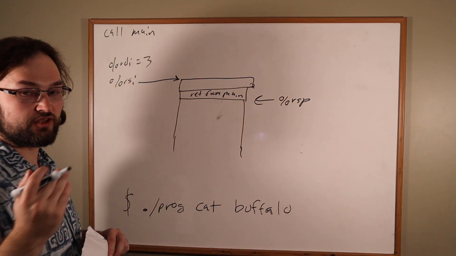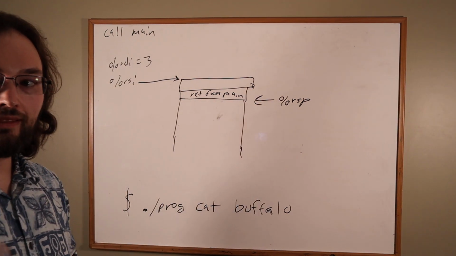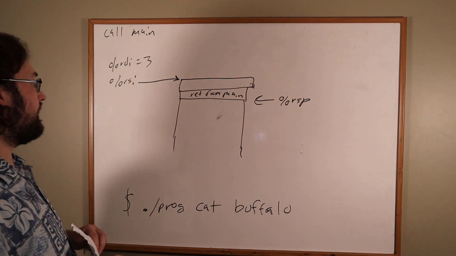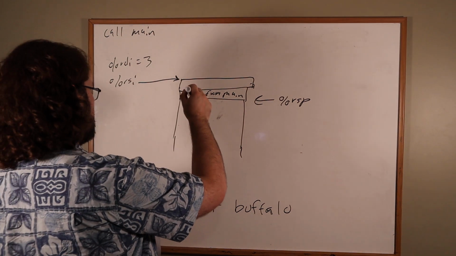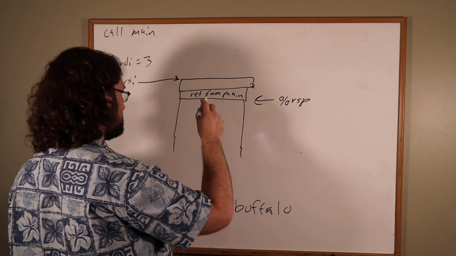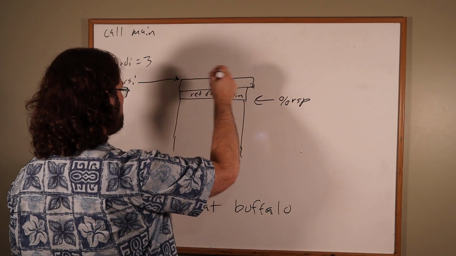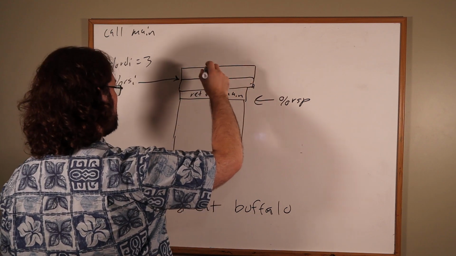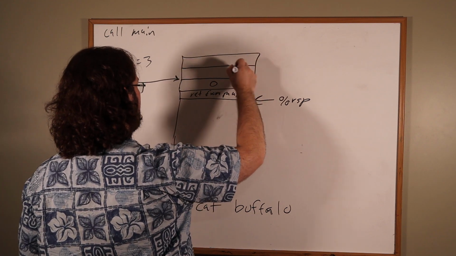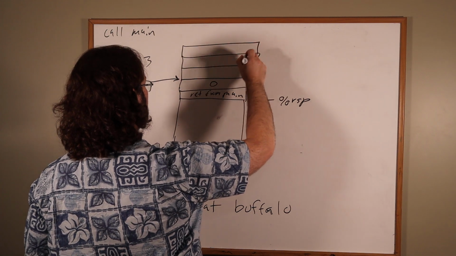So that 8-byte value is the pointer to the array of bytes. So it's not actually there, it is probably there's a null pointer followed by the pointers to buffalo, cat, and prog.